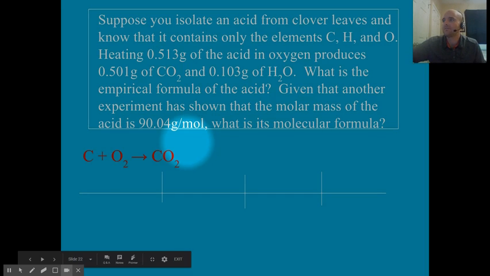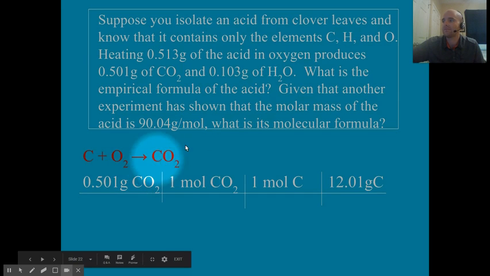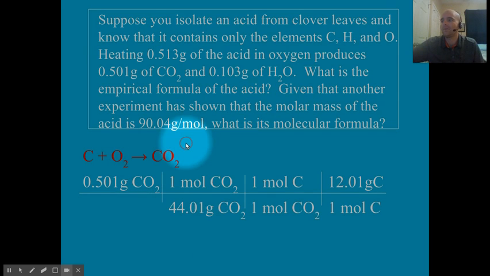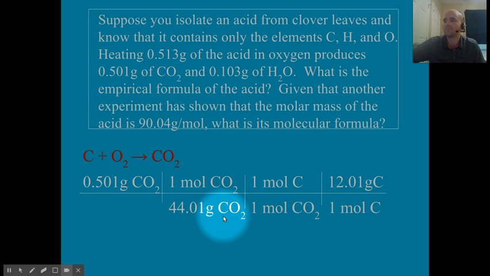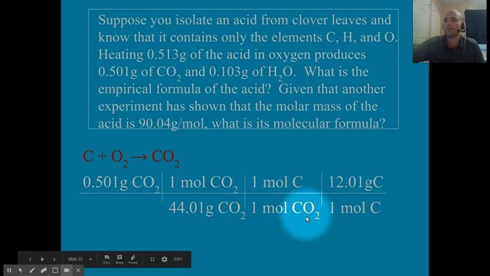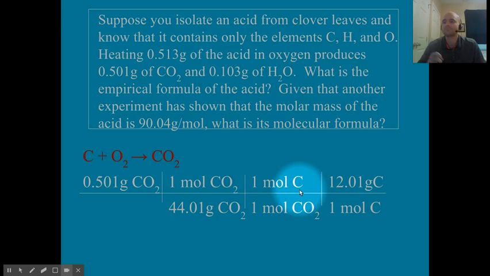When we do this, we take our mass of CO2 and we will apply our dimensional analysis and our stoichiometry, where we'll take the known mass of CO2 and convert it to moles, and then I'm going to turn the moles of CO2 into moles of carbon.